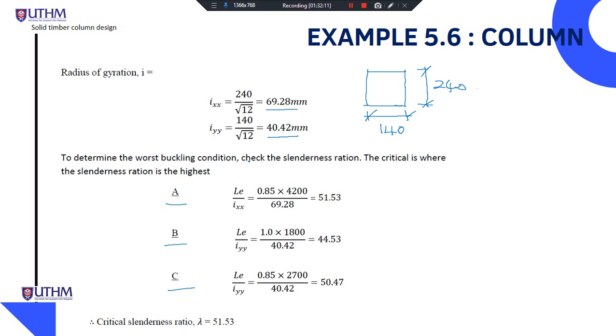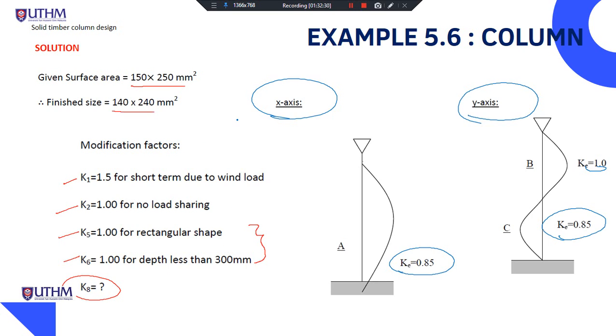So we check our first slenderness ratio, for case A it is equal to 51.53. For B and C, we use the radius of gyration at Y, because we consider the y-axis here.